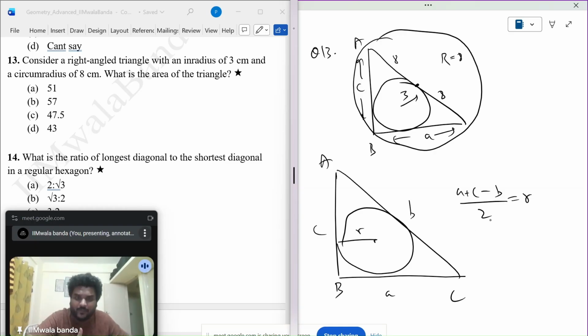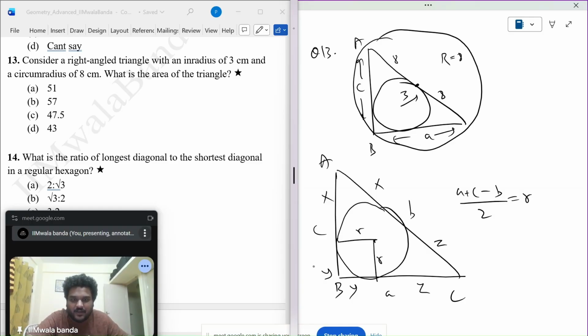But in case you don't remember it, you can quickly derive it also. Let's assume these to be two tangents to a circle. So this x and x, let's assume this as y and y, and this is z and z. Because this is r, can I say x plus r is c? This is already we know is r.